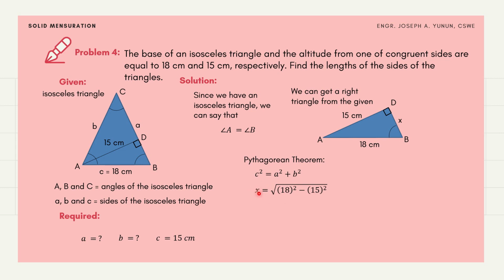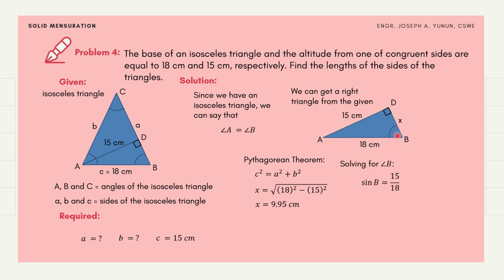So the side x is equivalent to the square root of the square of the hypotenuse minus the square of the other side here, which is 15. Simplifying that, you'll get an answer of 9.95 centimeters. So probably this measurement is from B to D, this side only. Now I could solve for angle B using the sine function.